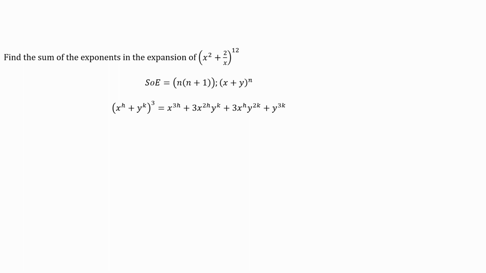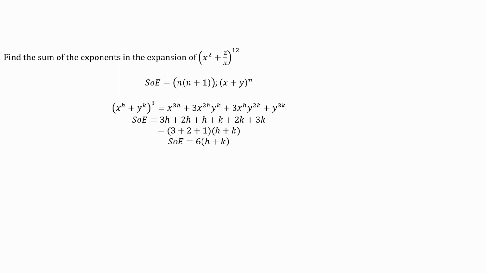Kunin natin dito, for example, raised to 3. So pag in-expand natin, ito yung magiging form niya. Kunin natin yung sum of exponents, so 3h plus 2h plus h, and then yung sa k, k plus 2k plus 3k. So factor out lang natin, pwedeng sabihin na 3 plus 2 plus 1 is multiply sa h plus k, yun yung sum of exponent.